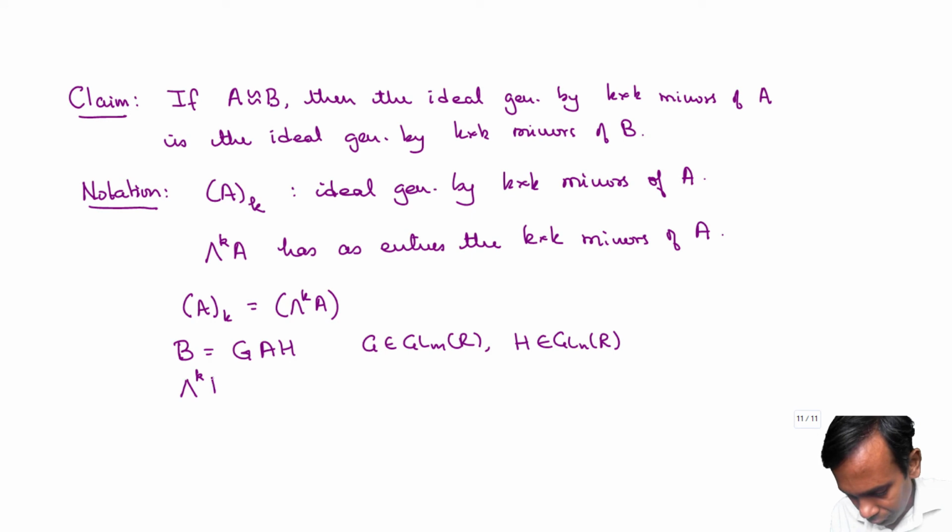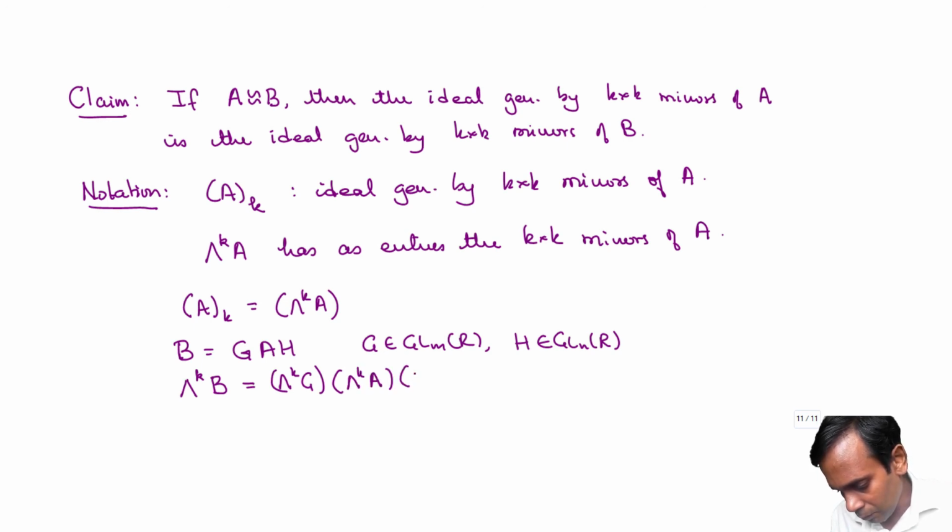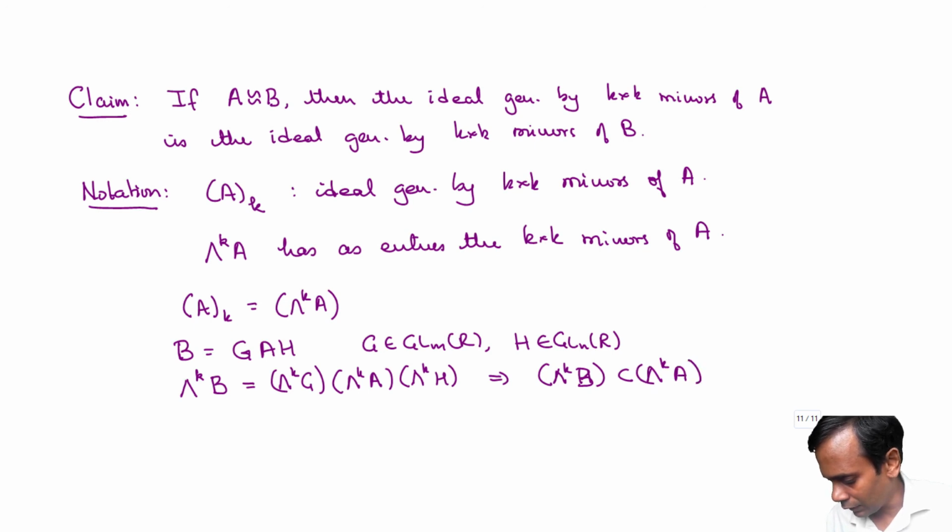So wedge k of B is wedge k of G composed with wedge k of A composed with wedge k of H. And this implies that the ideal generated by the entries of wedge k of B is contained in the ideal generated by the entries of wedge k of A. And by symmetry you get that these ideals are equal.